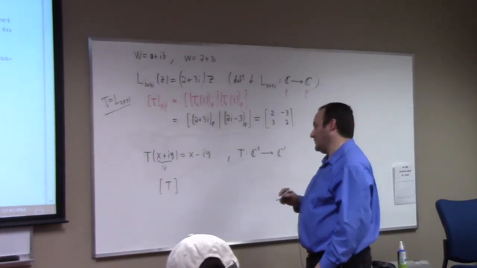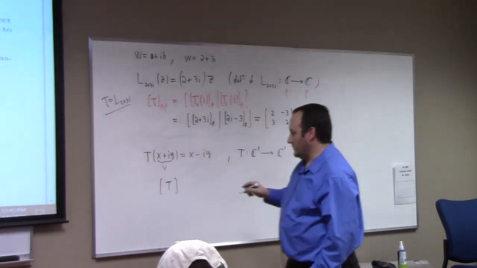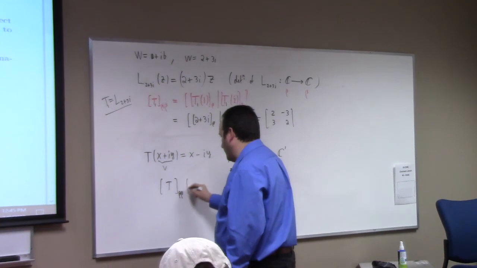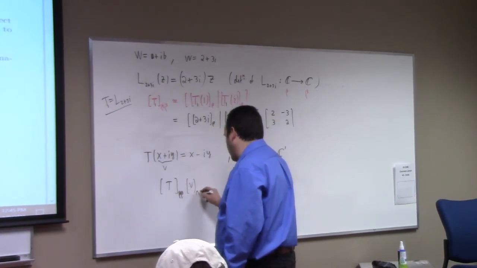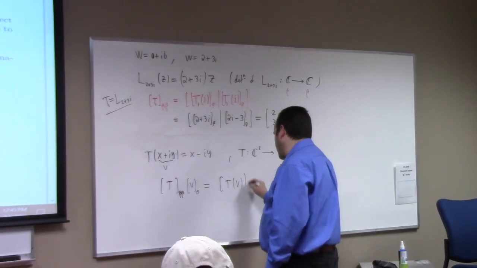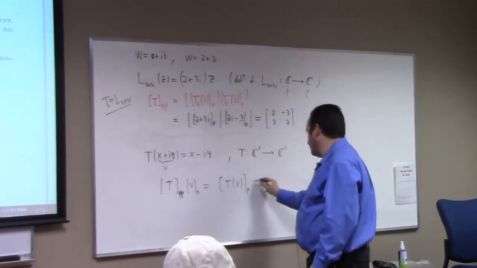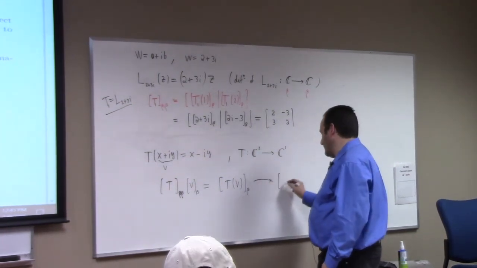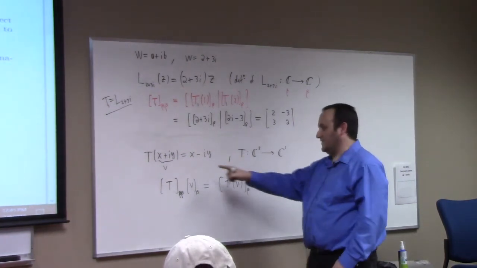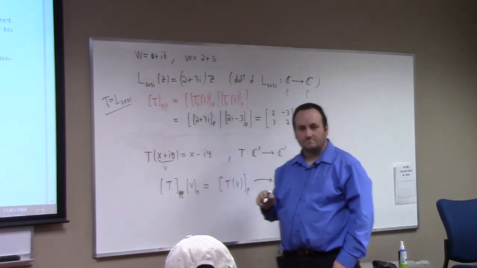Okay, so the matrix of T with respect to the beta basis times the coordinate vector of V with respect to the beta basis should be equal to the coordinate vector of T of V with respect to the beta basis. So let's see here. What is this mysterious T beta beta? If this is V, what's the coordinate vector of V?